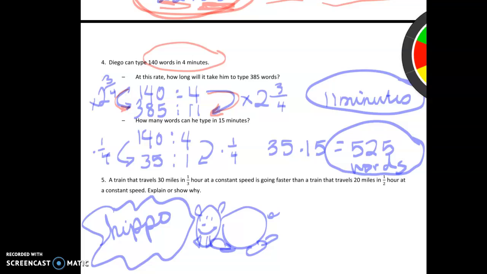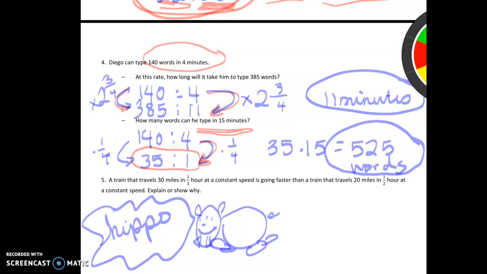Probably maybe the quicker way to do that is to figure out our rate, our unit rate. So how many minutes per word, or how many words per minute, depending on what we want to find. We're trying to answer how many words can he type in 15 minutes. So I did 140 to 4 again. This time I want to figure out in 1 minute how many words can he type.